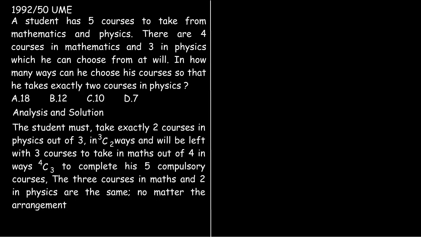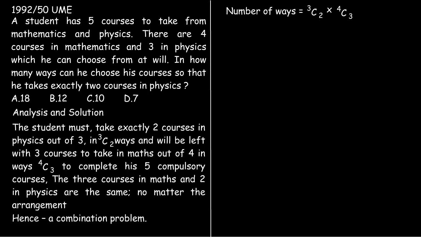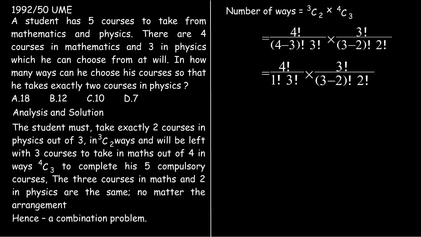The 3 courses in maths and 2 in physics are the same no matter the arrangement, and this is a combination problem. So our number of ways will be equal to 3 combination 2 times 4 combination 3, which is equal to 4 factorial divided by (4 minus 3) factorial, 3 factorial, times 3 factorial divided by (3 minus 2) factorial, 2 factorial, which will be equal to 4 factorial divided by 1 factorial 3 factorial, times 3 factorial divided by 1 factorial 2 factorial, which will be equal to 4 times 3 factorial divided by 3 factorial, times 3 times 2 factorial divided by 2 factorial.